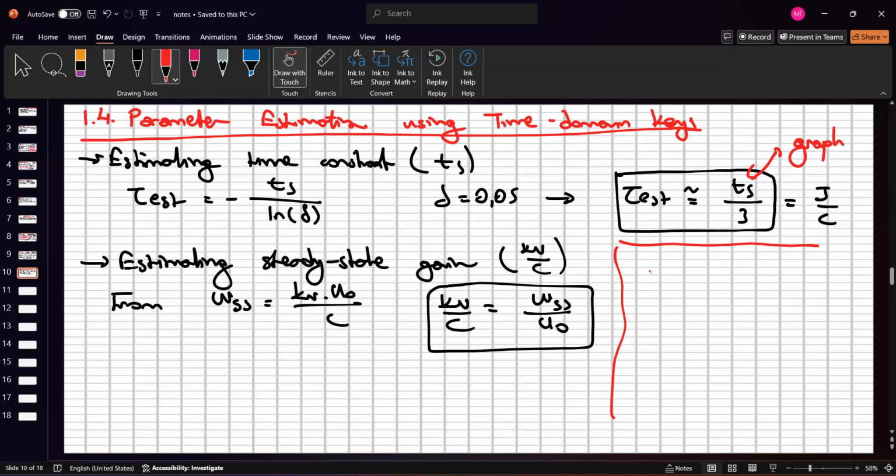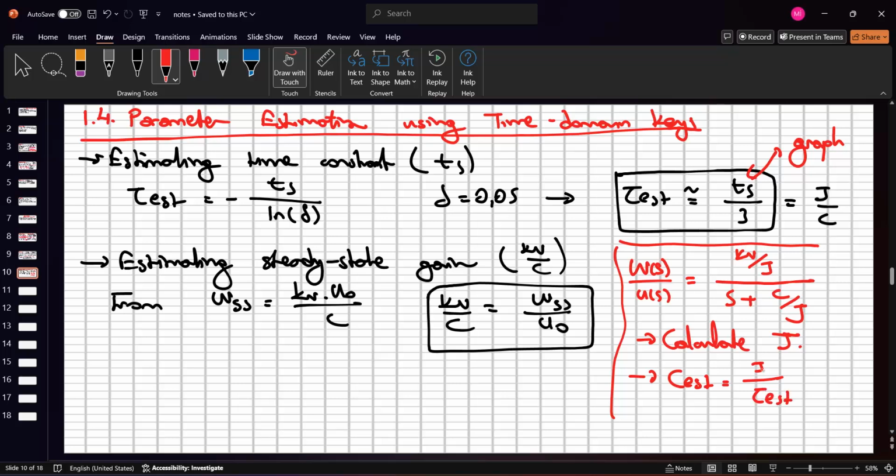I'm writing just like this one, WS divided by US is equal to KV divided by J, and S plus C divided by J. And we already know the J divided by C, tau value, and KV divided by C. Okay, and then we should calculate J in here from the mechanical parameters, and then the C estimation value is equal to J divided by tau est. Right? This is the first parameter.